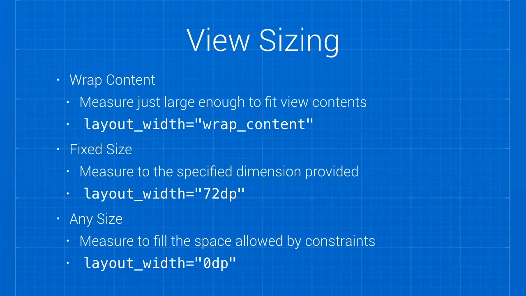And what any size means is measure that view to fill up whatever the space is available by the constraints attached to it. So if we go back a couple slides to where I had the centered button, using competing constraints, you could take that view and you could place it centered between 2 edges. But what if I wanted it to actually fill the space between those 2 edges automatically? I can do that by setting that dimension of the view to any size.